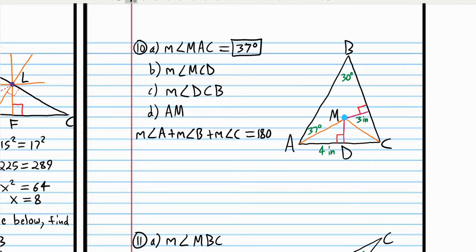Measure of angle A is 2 times 37. Measure of angle B is 30. And measure of angle C we don't know. So now just do all the math on that. And looks like we get 76 degrees. So measure of angle C is 76 degrees.